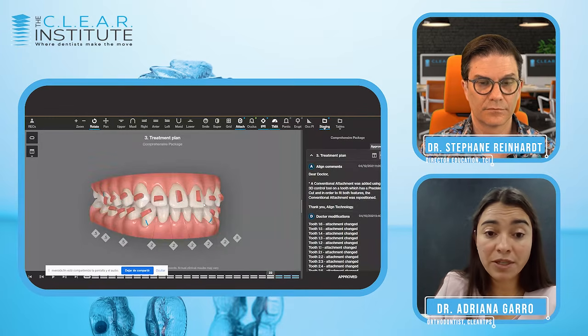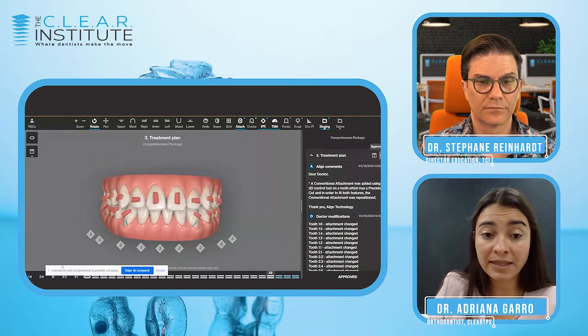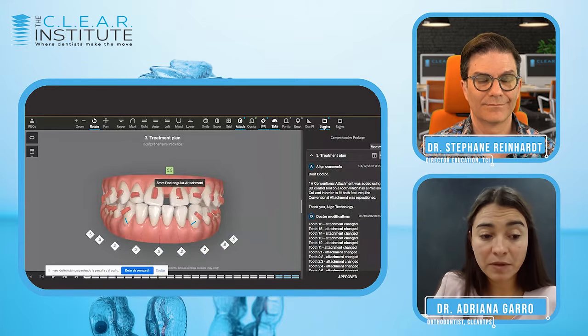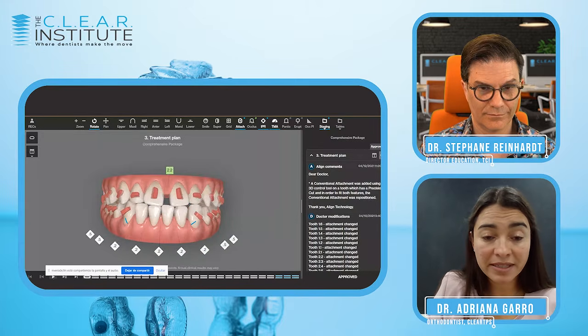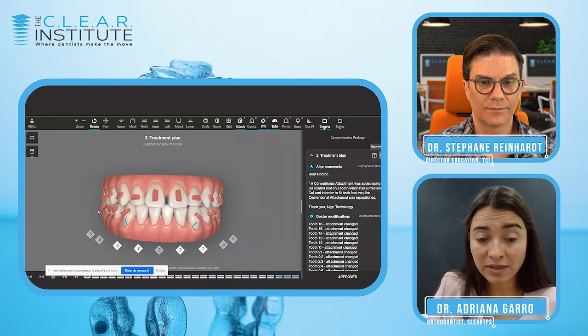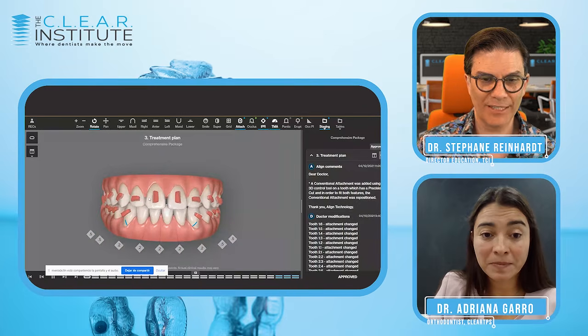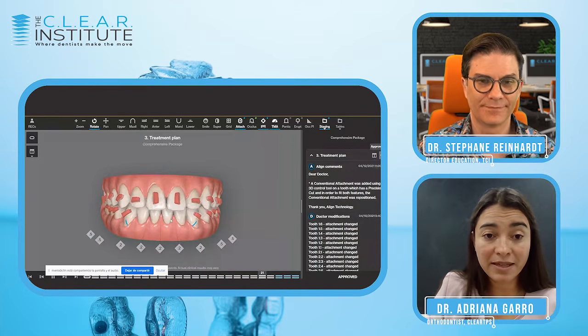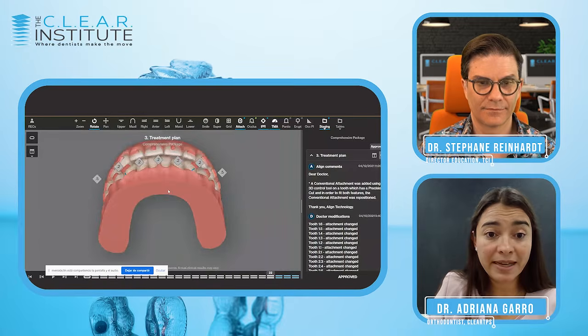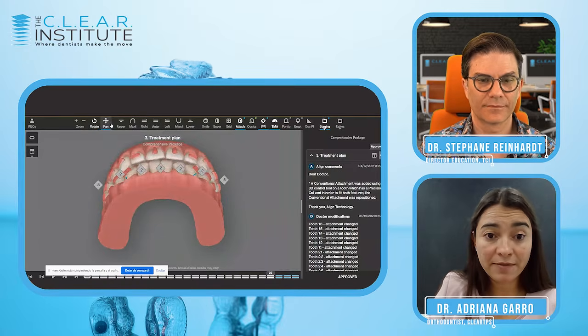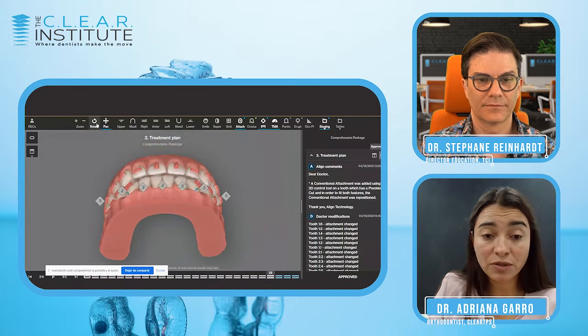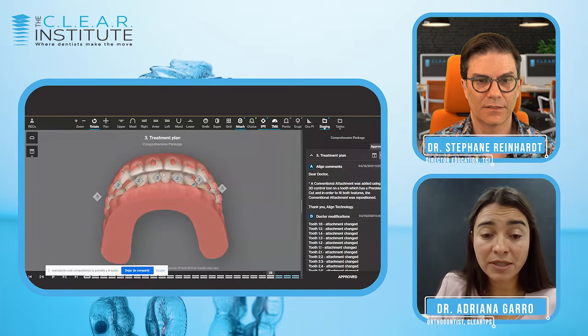In this case, we know that the closing of this diastema is going to be challenging, so we added vertical attachments, sash attachments, with a very nice bevel and increased height to make sure we have a lot of anchorage to close those central incisors.